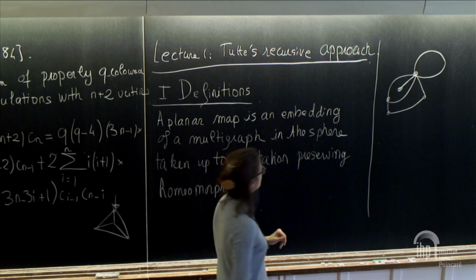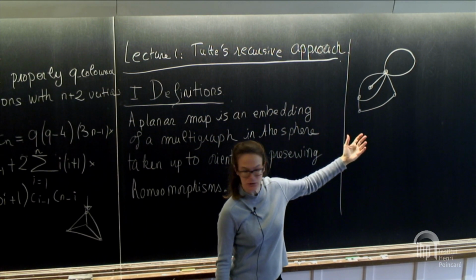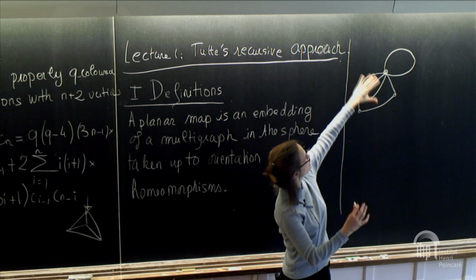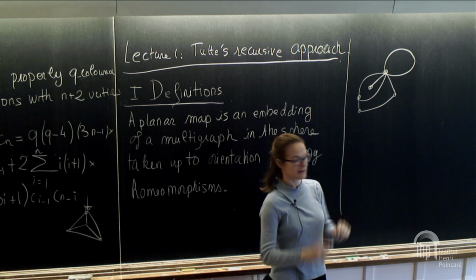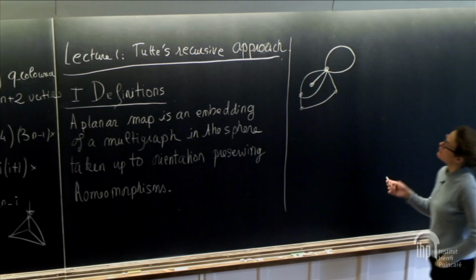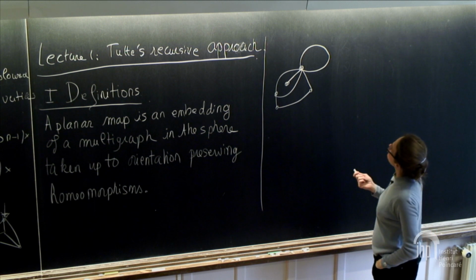So for instance, this is a planar map, so it's drawn on the sphere. Of course, I'm drawing on the blackboard, so you have to think that this infinite trunk around is just one face of the map. So talking about faces, we have three main elements in a map.